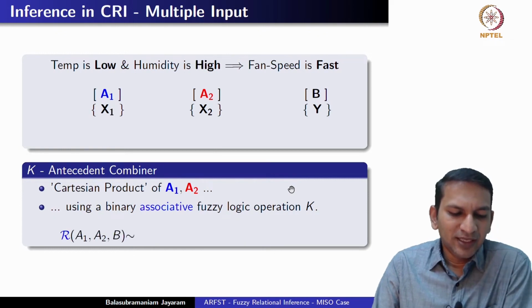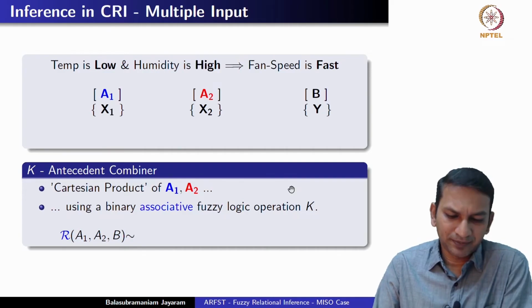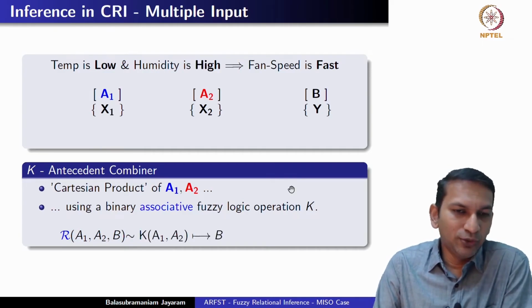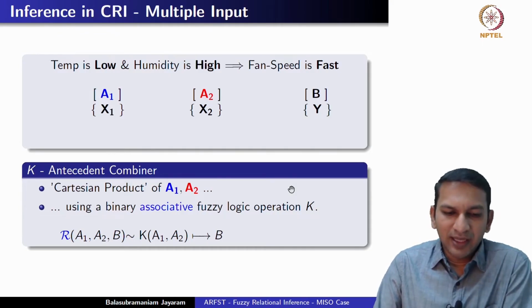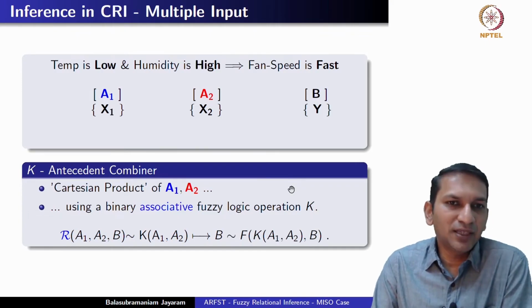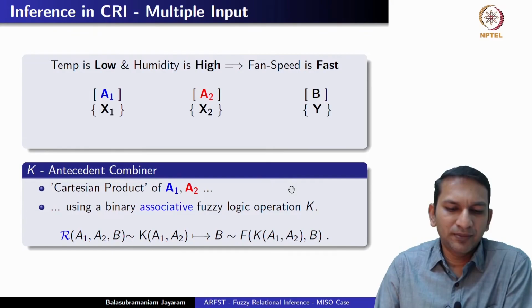So in that sense, the rule now becomes R of a1, a2, b. It is captured as follows. First, we use an antecedent combiner to combine a1 and a2. Then we apply the operation f, which relates this combined antecedent to the consequent.